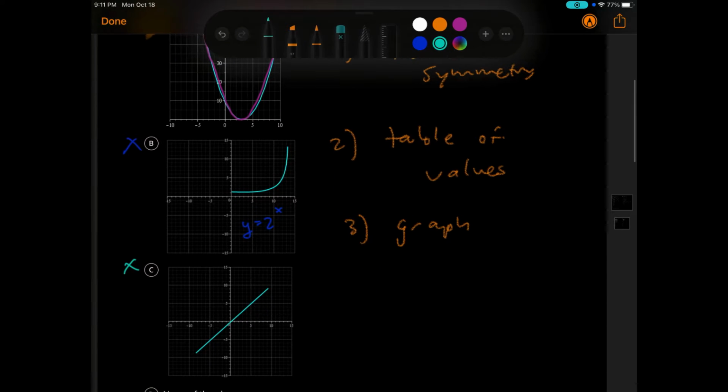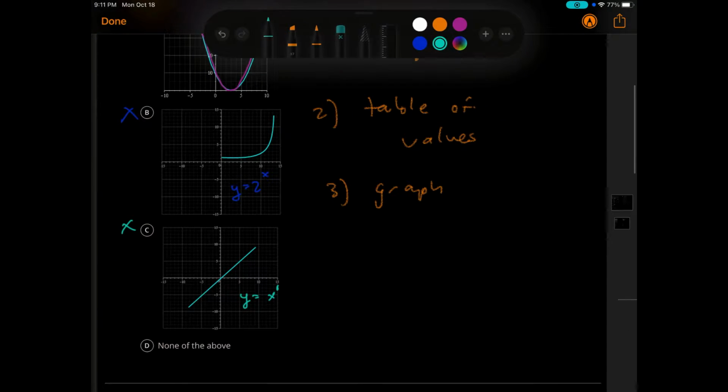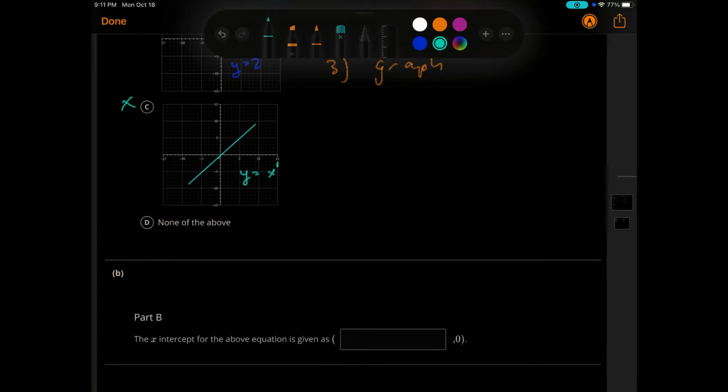Okay, it's not C because this is like linear, y equals x, that's to the first power. Okay? And then it says D, none of the above.